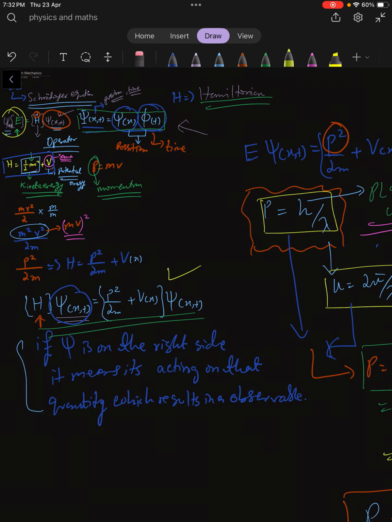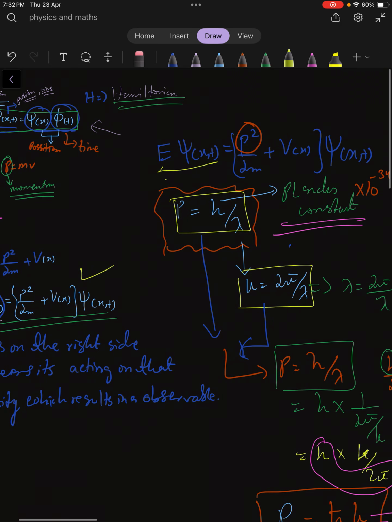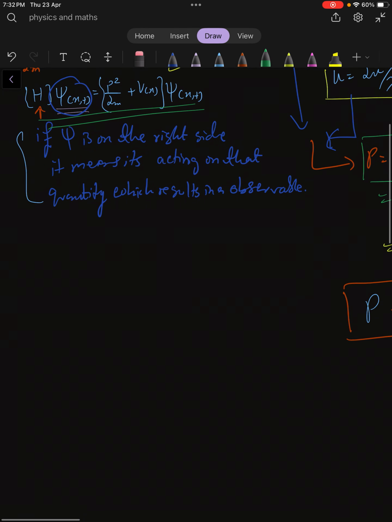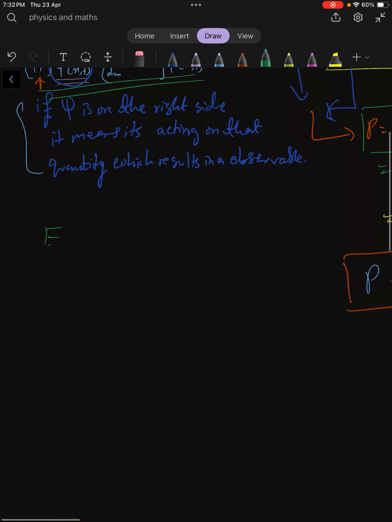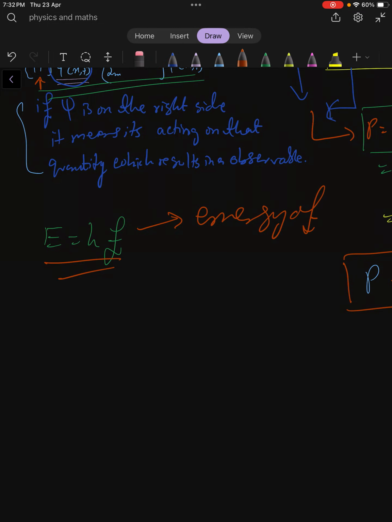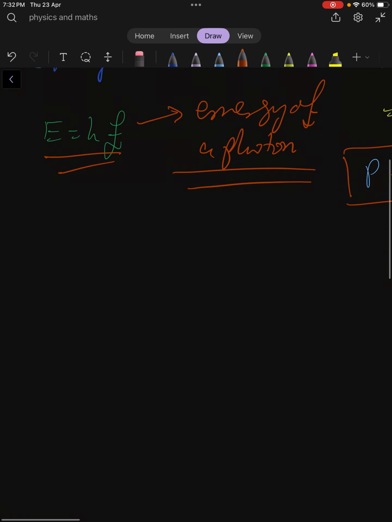Another very important part of our equation is E. Now, E also has a form. We know that E is equal to h f, right? And you know what this is? It's actually the energy of a photon. And here, this guy we have is known as frequency.